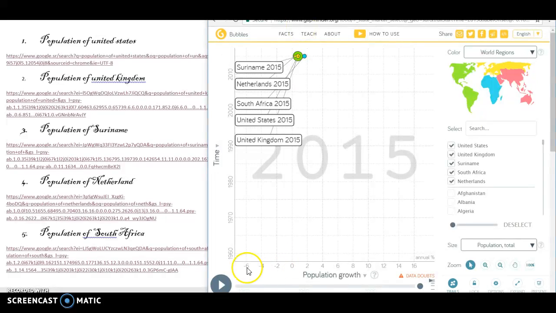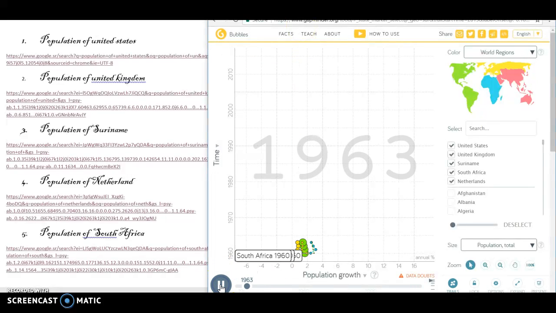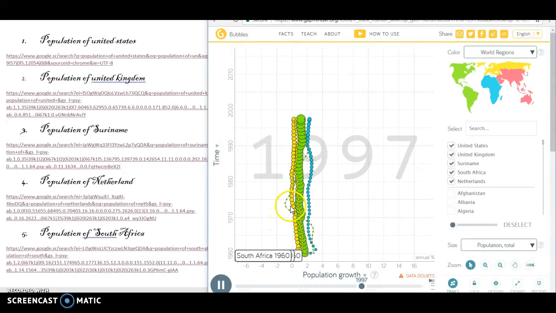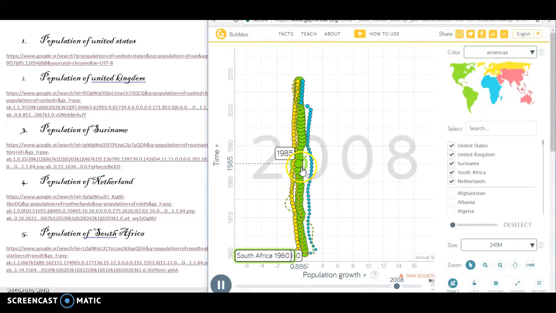And here I will show you the population growth of the 5 countries. As you can see here, we began in the year 1960. Look at the growth.